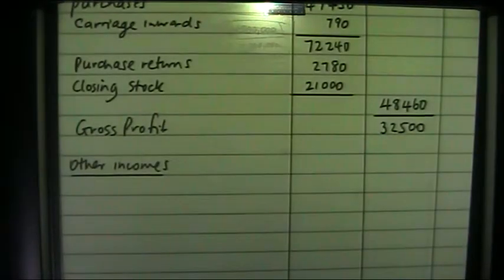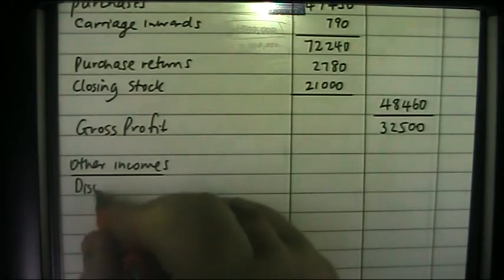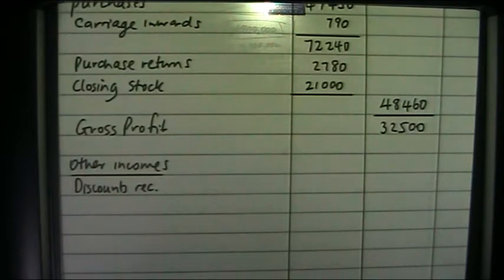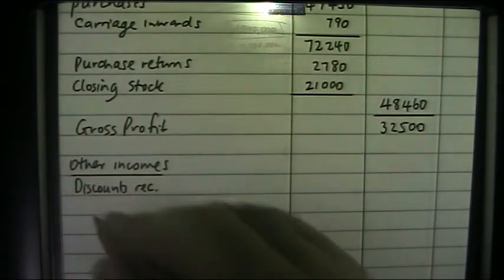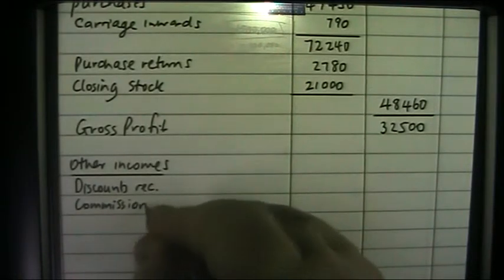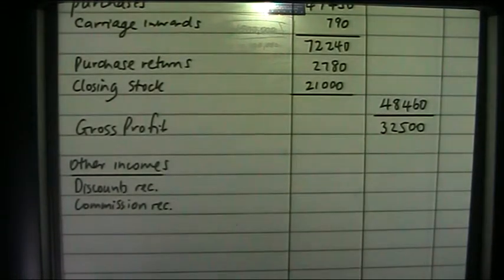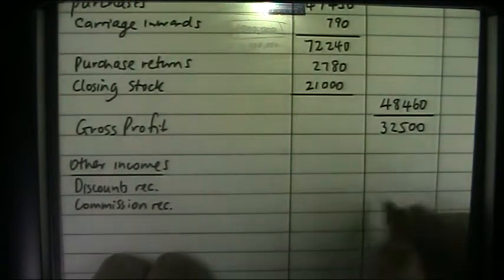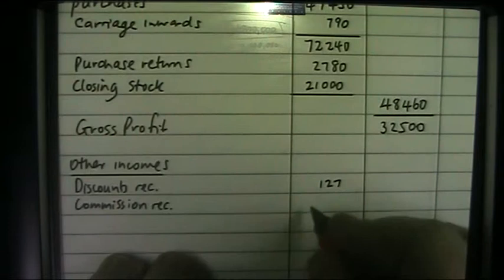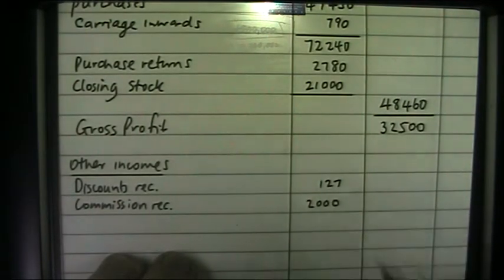Okay, so my other incomes are discounts received, and what else have I got? Commission received.